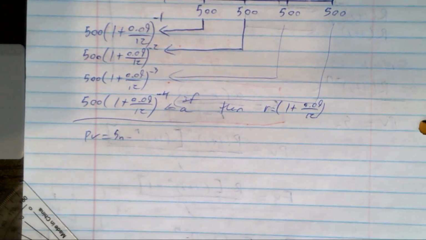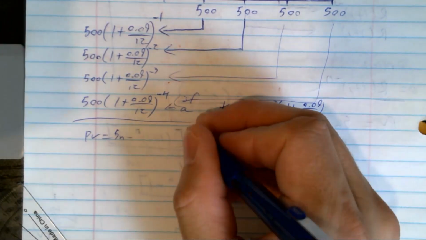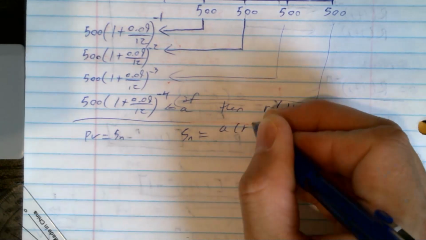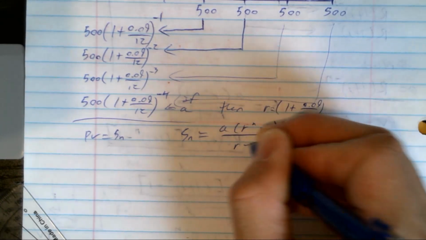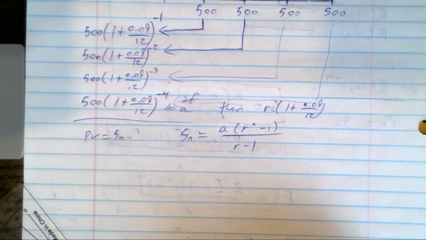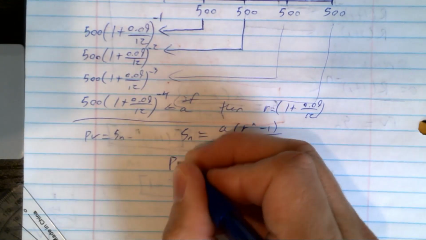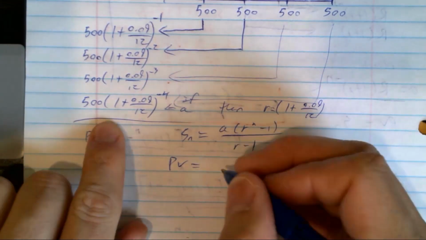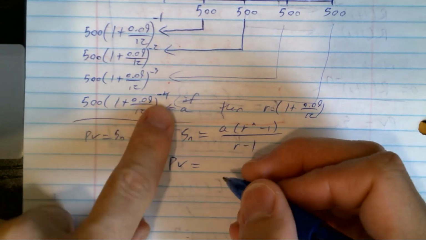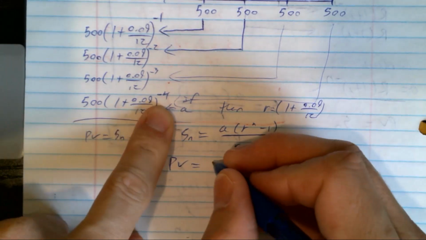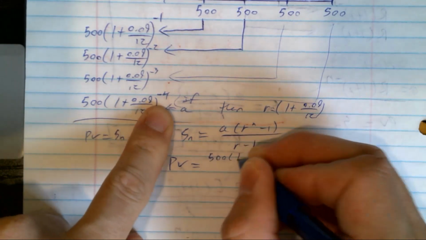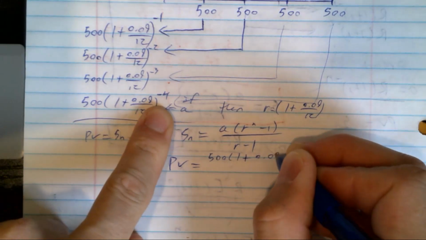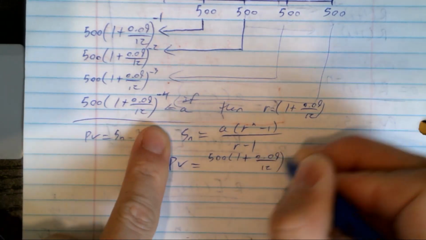Let's do the calculations here then. S sub n is going to be a times r to the exponent n minus 1 all over r minus 1. In this case, we're solving for the present value. Let's treat this as our first term. The power with the smallest exponent we'll treat as our first term. 500, 1 plus 0.09 divided by 12 to the exponent negative 4.